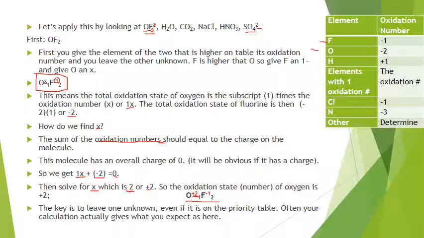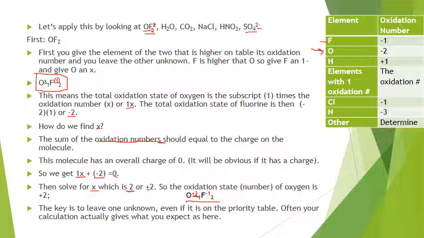So you're going to put down oxygen with a +2. Now, if you look at the priority table, it has oxygen with a -2. Okay, so fluorine can mess up oxygen. In fact, fluorine is the only thing that can change the oxidation number of oxygen when it's in a molecule. So the key, whenever you find oxidation numbers, is to leave one of them unknown.